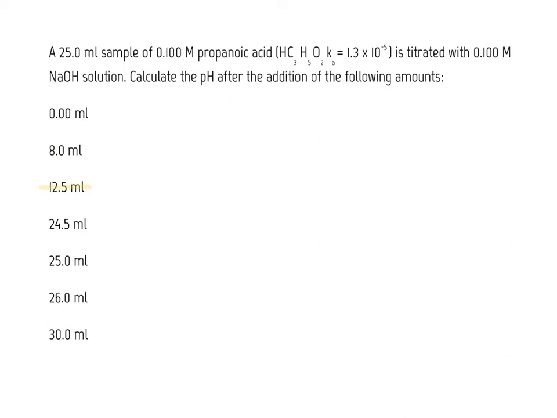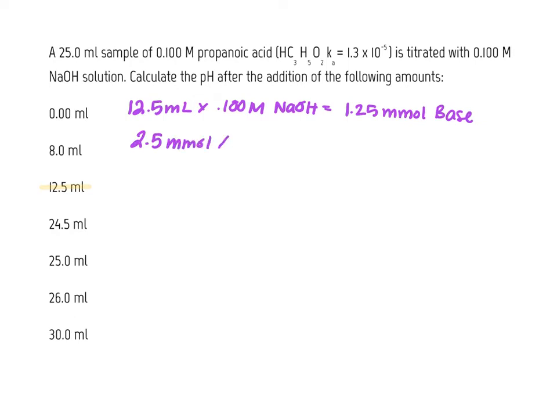So moving right along, we're going to take a look at the calculations once we add 12.5 milliliters of the sodium hydroxide. To calculate our millimoles, we take the new volume times our concentration. We get 1.25 millimoles of the base. We're going to subtract that from the amount of acid that we started with.